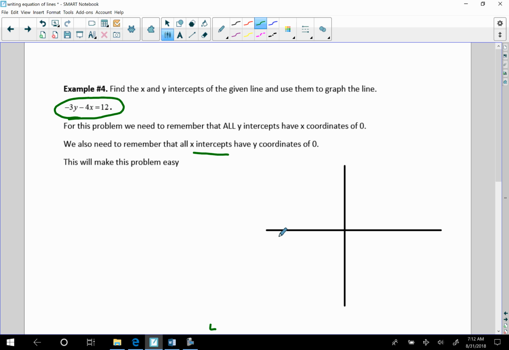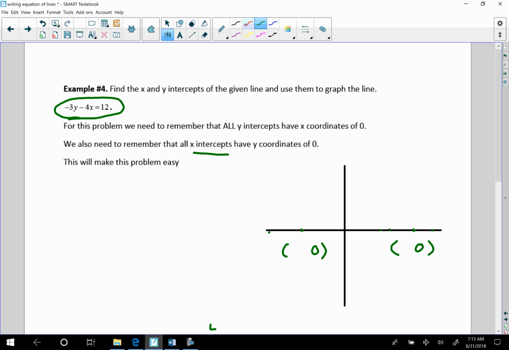And what is this common theme of any point that is on the x-axis? All of these points on the x-axis have a y-coordinate that is 0. No matter where that point is, it's going to have a y-coordinate of 0. I'm going to use that to make this problem really easy.